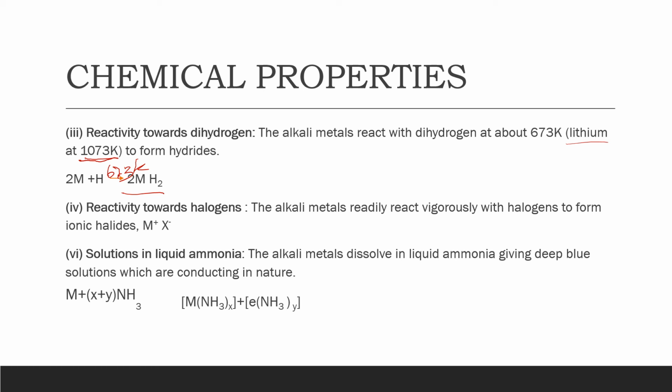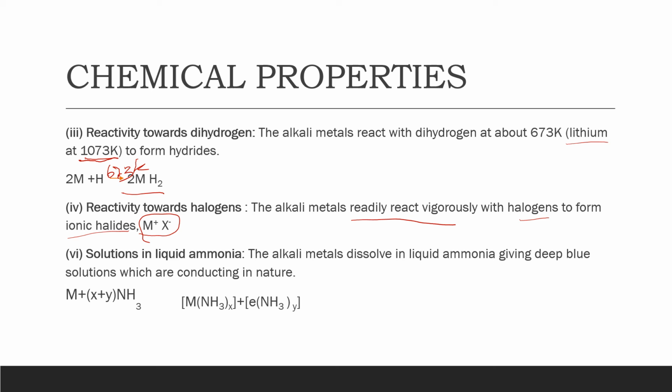Next is reactivity towards halogens. The alkali metals readily react vigorously with halogens to form ionic halides. Halogens are nothing but chlorine, fluorine, iodine, bromine. Next is solution in liquid ammonia.